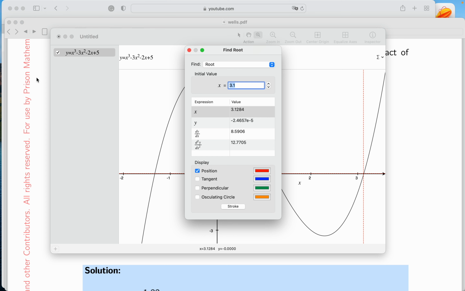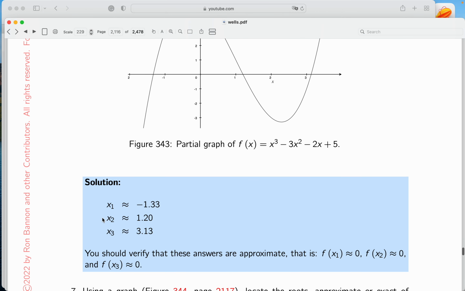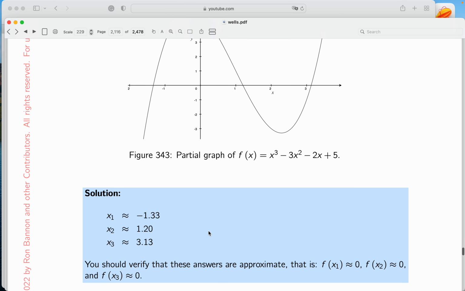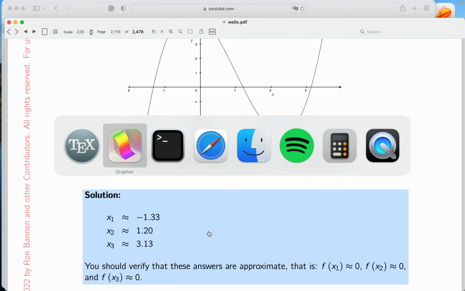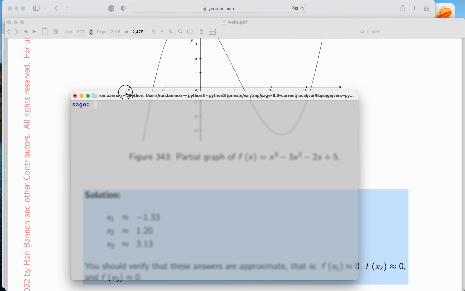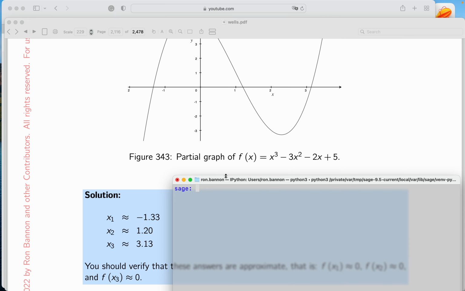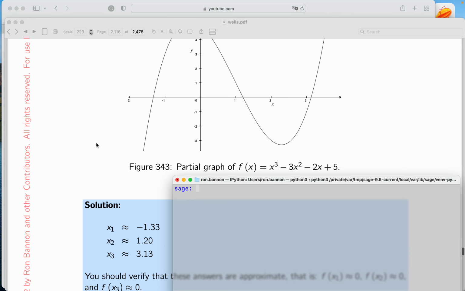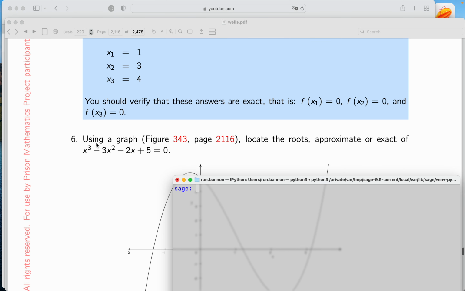I also want to go to Sage. Before I do that, though, I want to point out we do list answers over here for you, and they're approximately equal to 0. Let me go to Sage, though, and show you what Sage can do. Let me clear the screen for you. And I'm going to type it in. I really encourage you to learn Sage as well. So what do we get over here? Let's go back, and we're going to type that in.